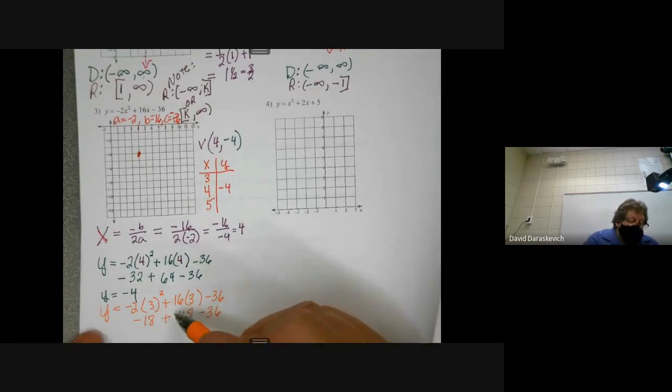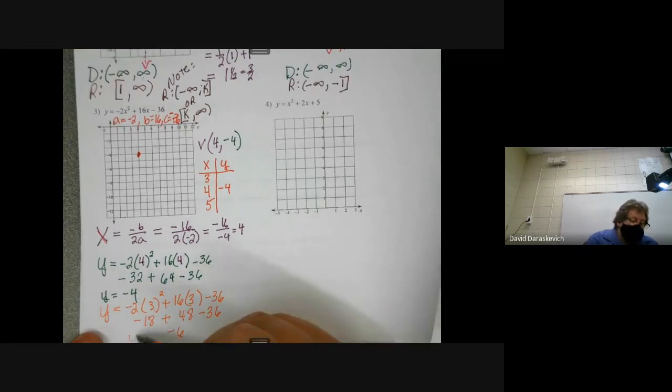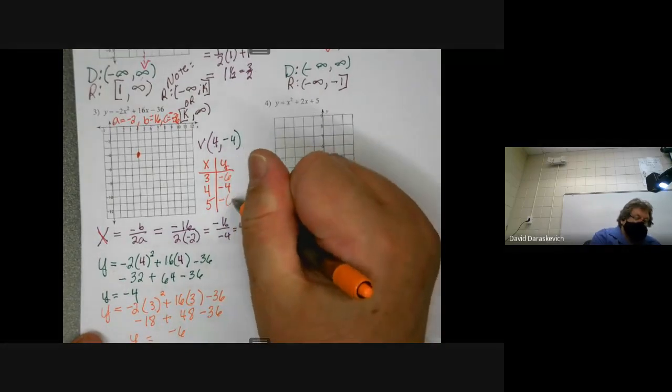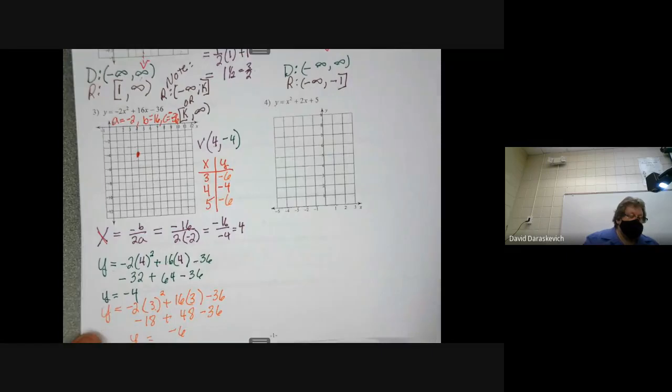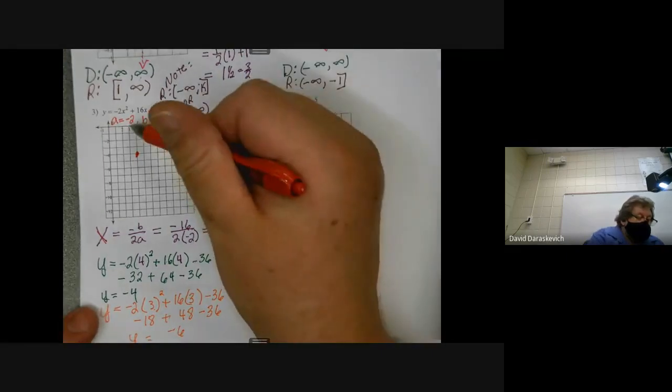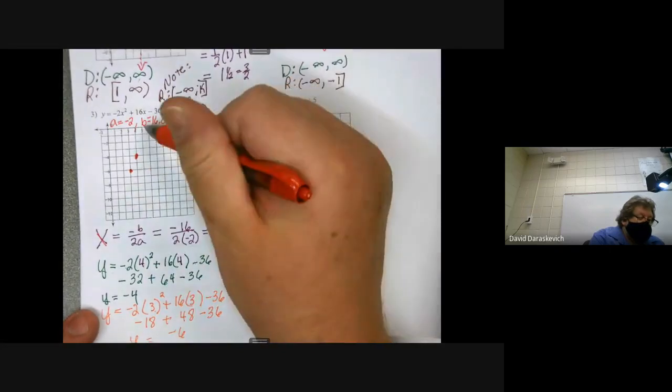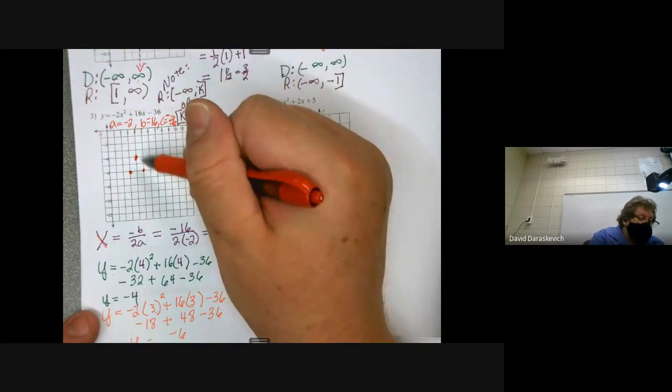Let's see, negative 18 plus 48 is 30. Minus 36 is negative 6. So I got 3, negative 6. There's my 3 points: 3, negative 6, and 5, negative 6.